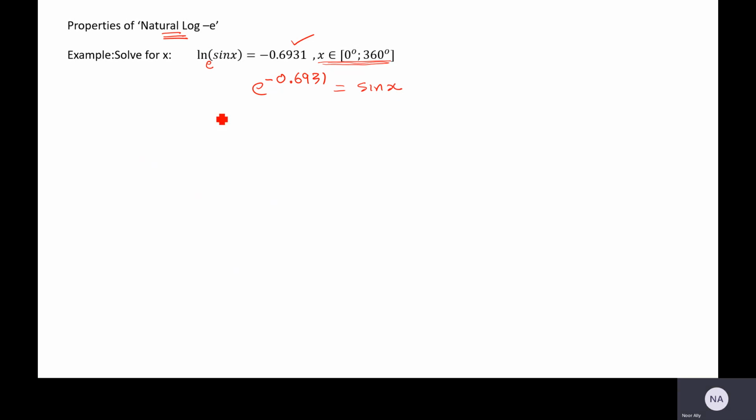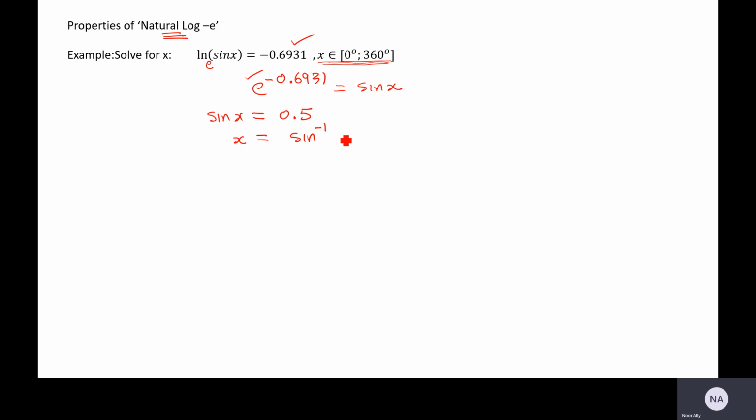Now I'm just going to write it the other way. Sine of x, and I'm going to calculate that, and that gives me approximately 0.5, correct to 1 decimal place. And then how do you do that?